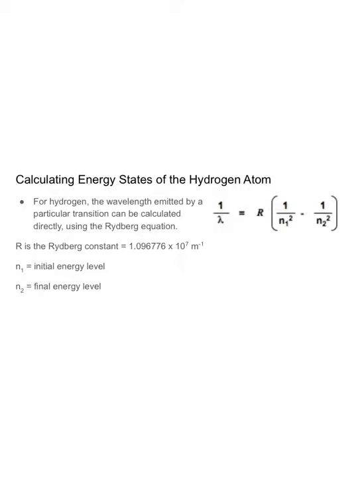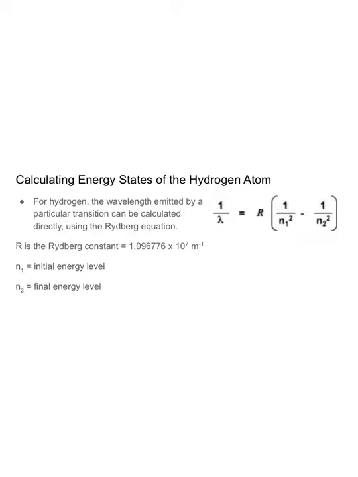So Bohr explained this through a very complicated calculation, which basically says the inverse of the wavelength is equal to the Rydberg constant times the inverse of the energy level squared that the electron starts with, minus the inverse of the energy level squared that it ends with.